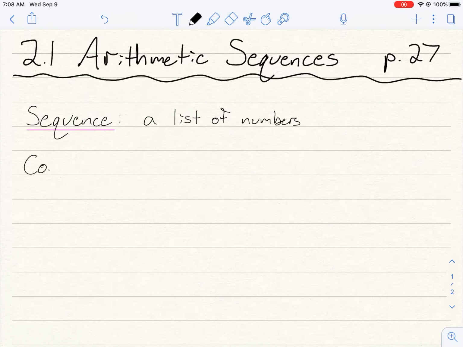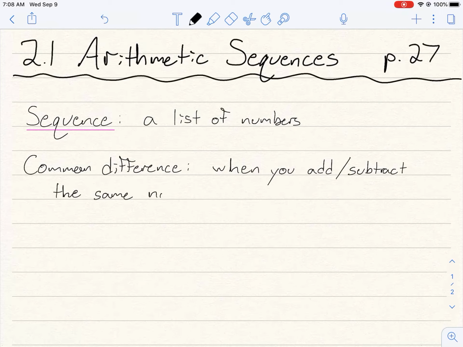Now, a common difference is when you add or subtract the same number in a sequence.